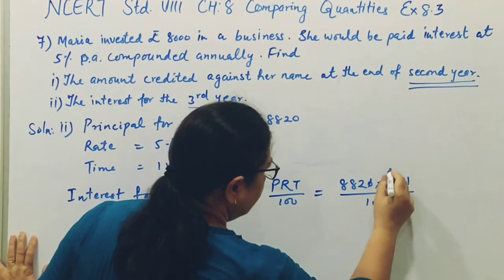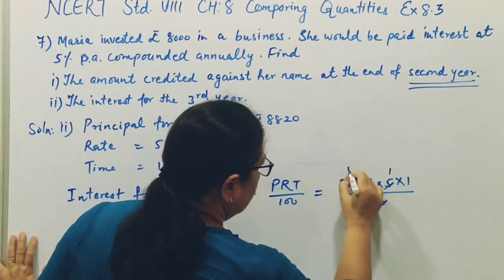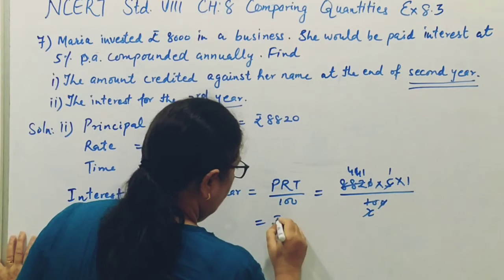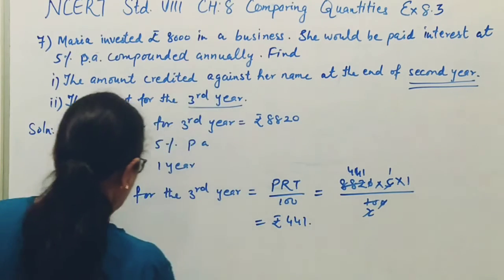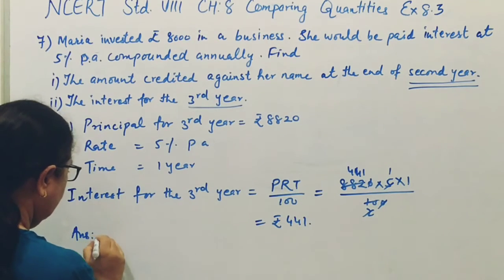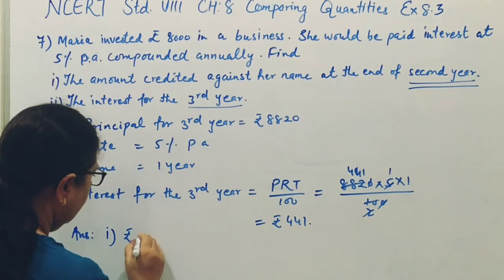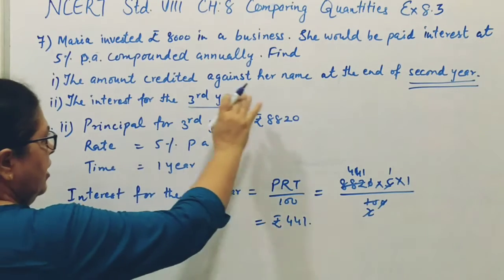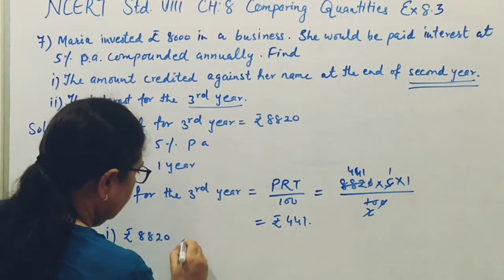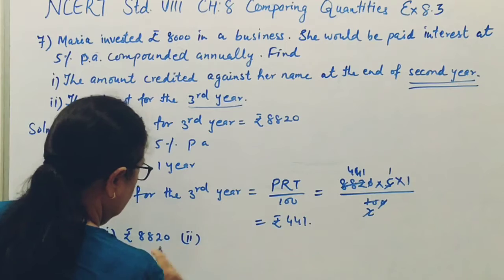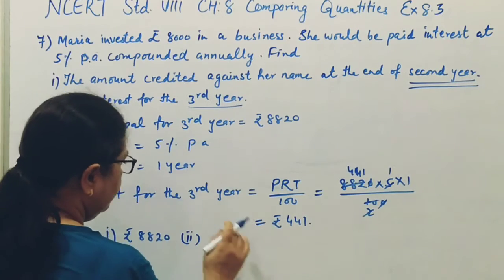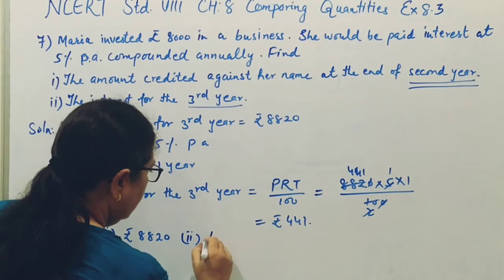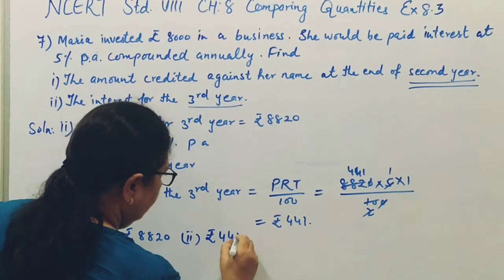So after simplification we get rupees 441. Therefore answer for the first part is rupees 8,820 will be the amount at the end of second year, and answer of second part, that is interest for the third year, will be rupees 441.